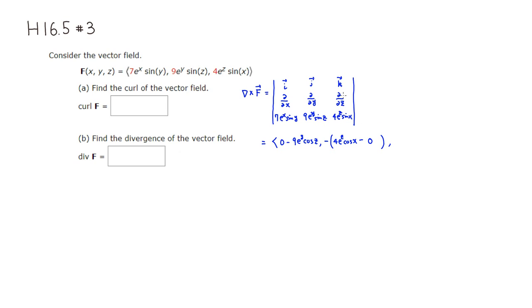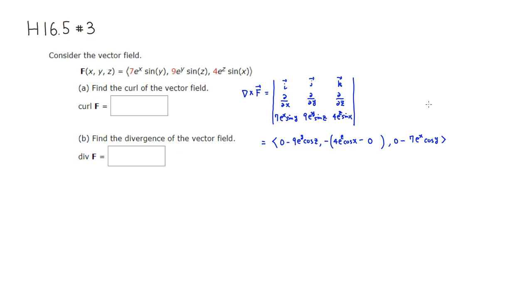The last component is the derivative of this guy with respect to x. There's no x in there, so it's 0. Then the partial of this guy with respect to y: 7 e to the x is just a constant, and the derivative of sine of y is cosine of y.